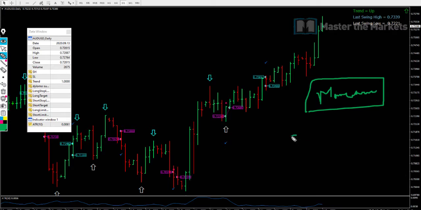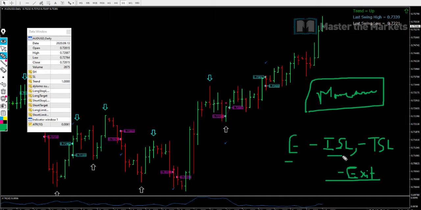Remember that in every strategy, you need your entry, you need your initial stop loss. You need your trade management, which is your trailing stop loss. And finally, traders, you need to know your exit as well. Where are you going to come out? It's very important.